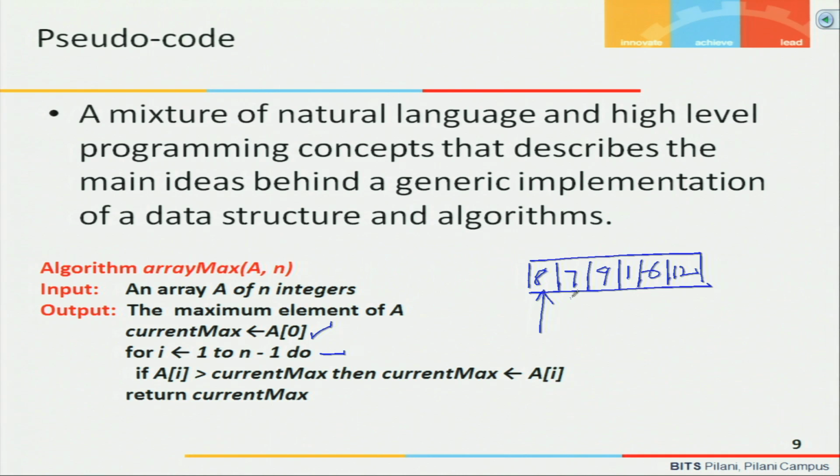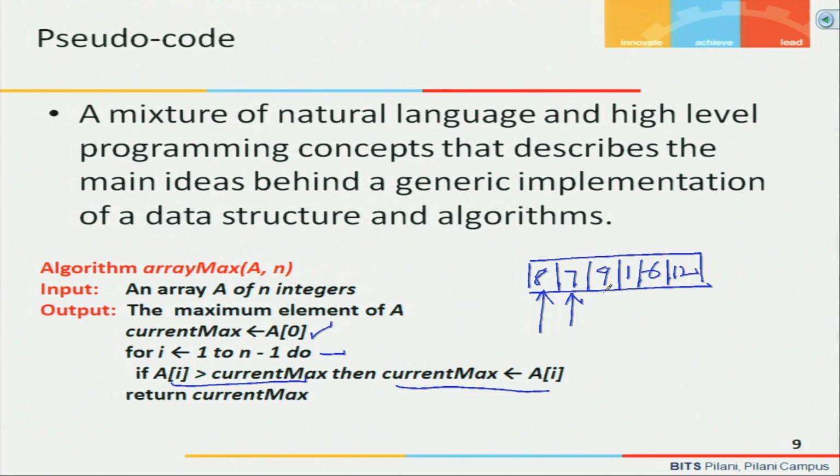Now, as we move here we compare a i with the current max. In this case our current max is 8 and 7 is less than 8. So, our current max remains to be 8. So, we are not going to modify our current max.